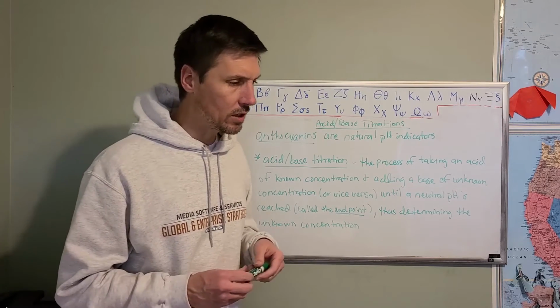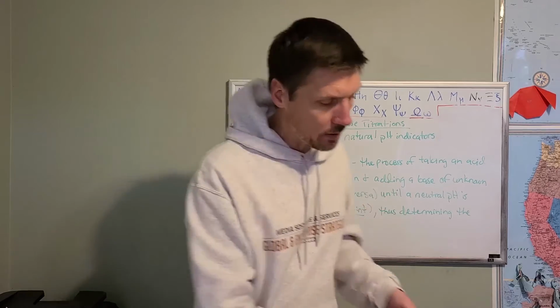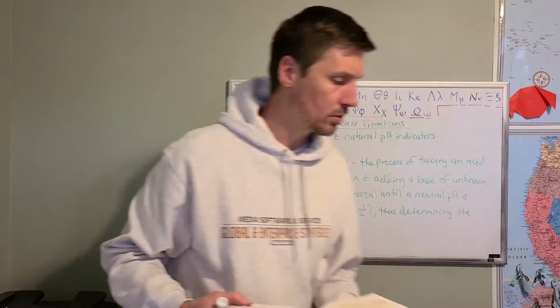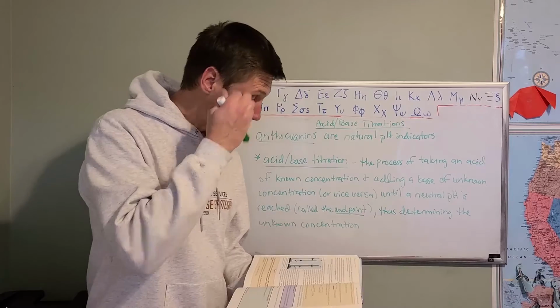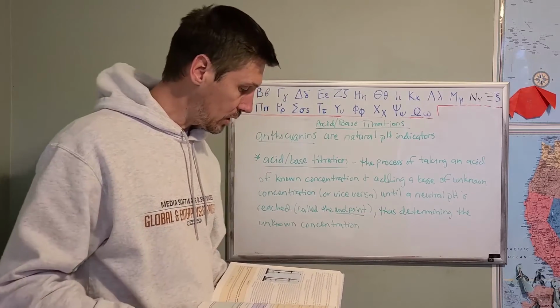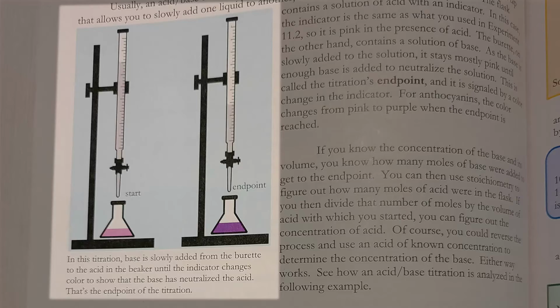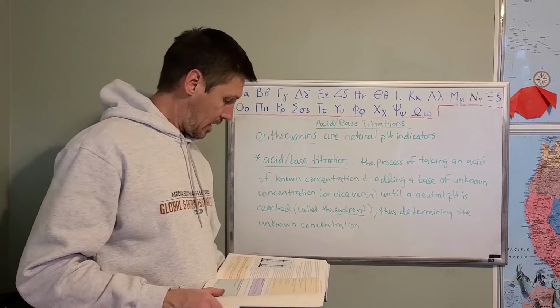So this is much easier to see if we just do an example. But if you'll go to the page where the example is, which is on page 344, you'll also see the device that's usually used in acid-base titrations, the burette that's there on the left. And so you can see how you're starting, we've got the acid down in the beaker, and you've got the base above it that we're slowly dripping down into the Erlenmeyer flask.